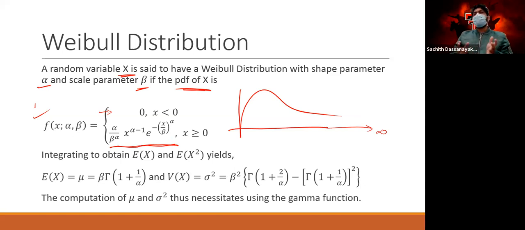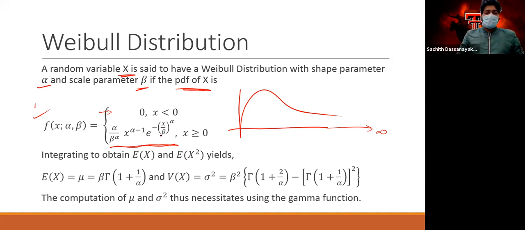Once you know the PDFs and their range, where it starts, where it ends, then you can find the CDFs: simply integrate it or do your calculation and you can find the CDF. So at least try to remember the PDF of each of these distributions.